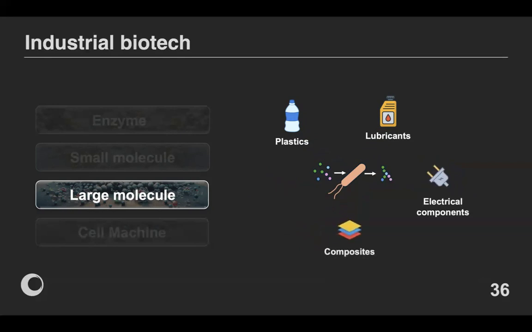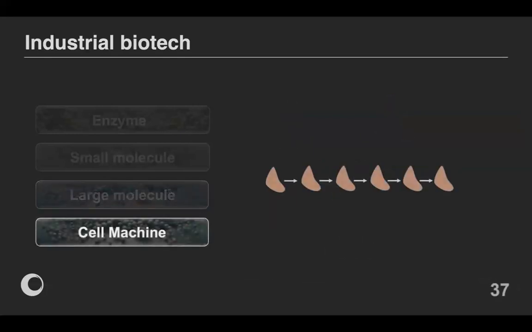You can make new composites, so you can mass produce spider silk or things along those lines, or chitin and other materials that have unique properties you can use for different applications. You can also make cosmetics, which is a really popular space within the large molecule industry.